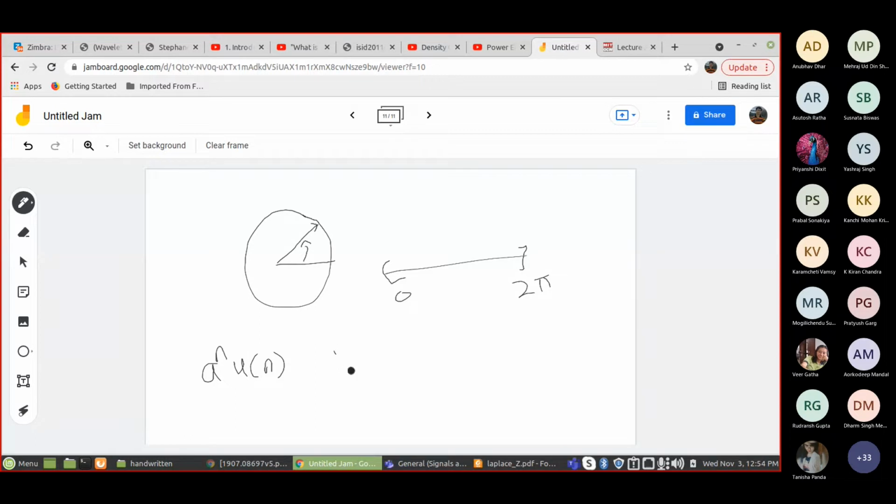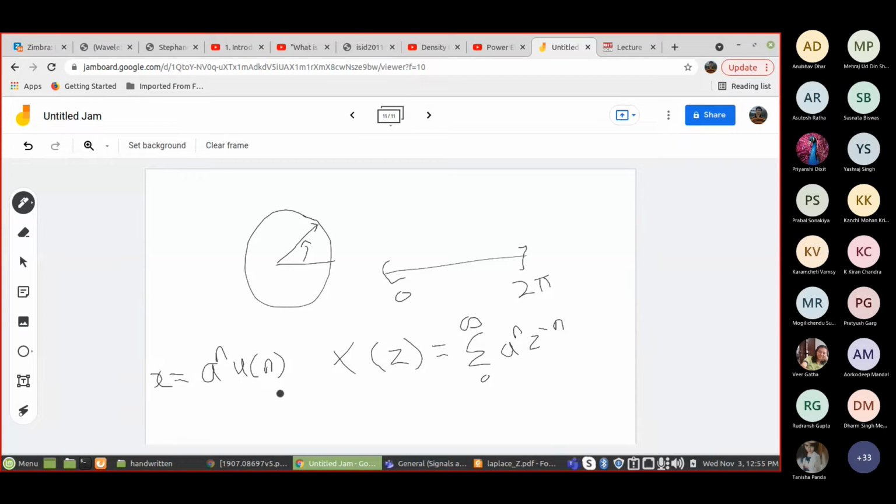And if we take its Z transform, so this is x of n. So X of z is the sum from 0 to infinity of a to the power n, z to the power minus n.